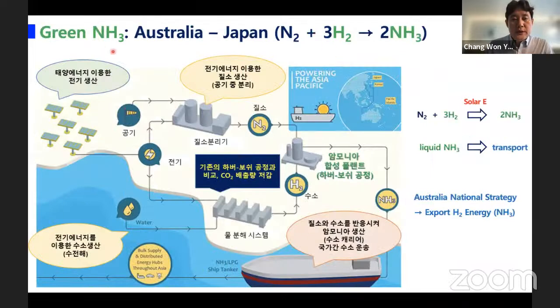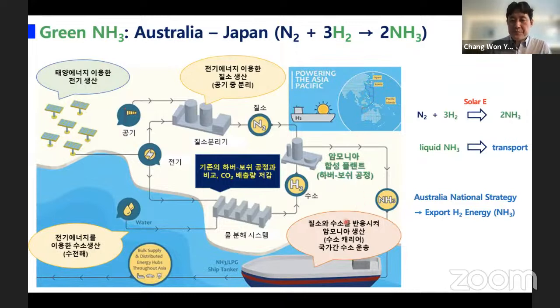And the third project is the green ammonia project between Australia and Japan. They use renewable electricity to split water and produce hydrogen, take nitrogen, and use the Haber-Bosch process to produce ammonia. The ammonia is shipped to Japan, Singapore, or Korea.